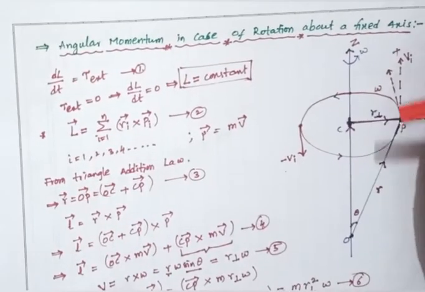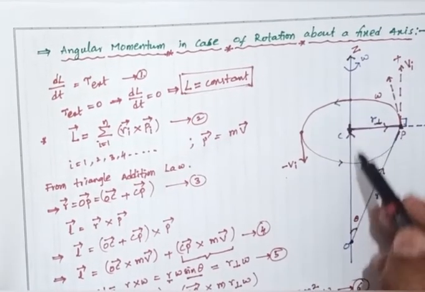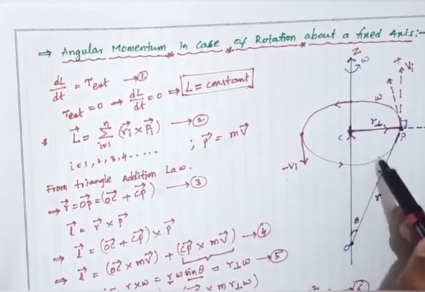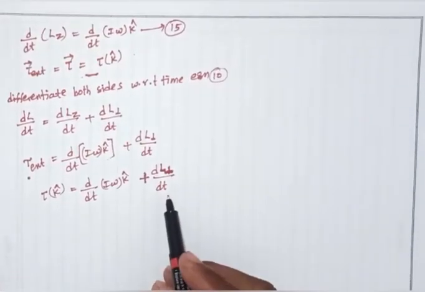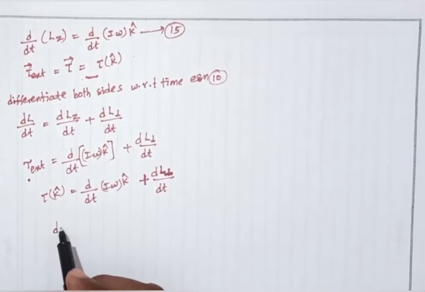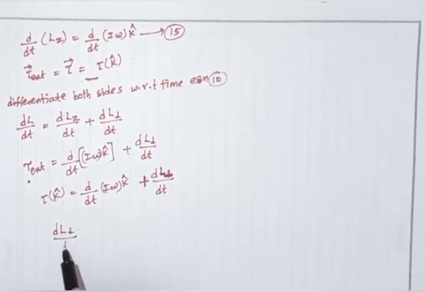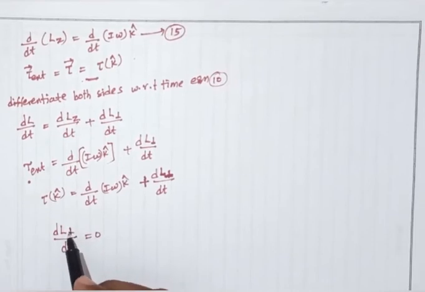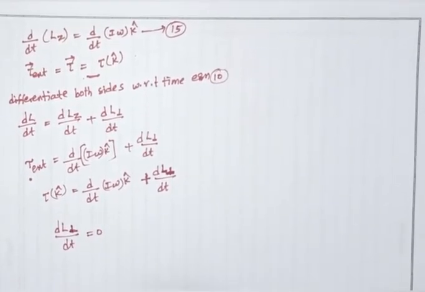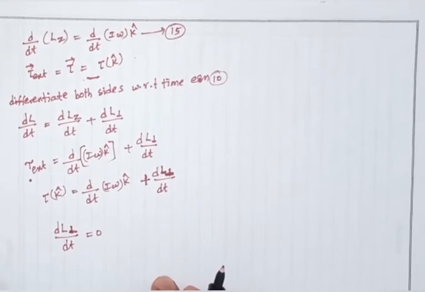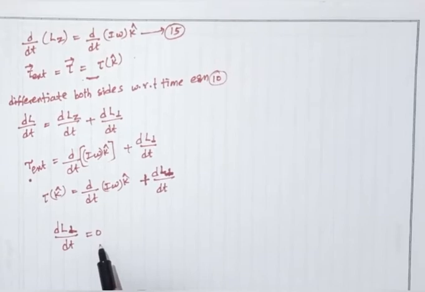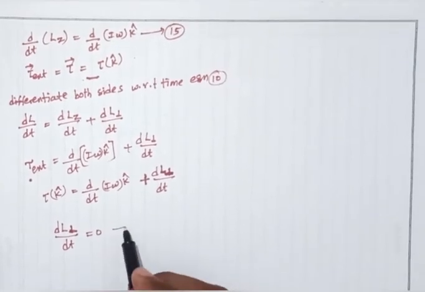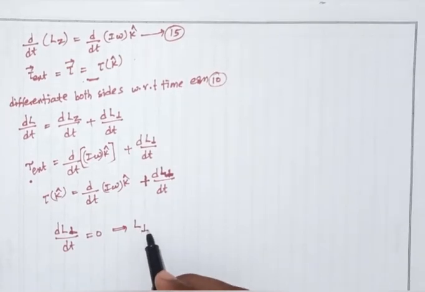From this diagram, this is the perpendicular line, the OC line. When the external force is applied, there is no change in angular momentum along it. So from this equation we can write dL perpendicular by dt equals 0.